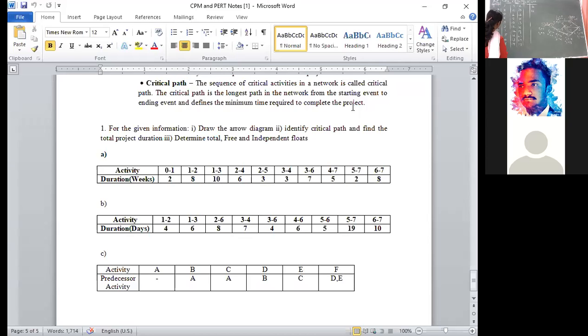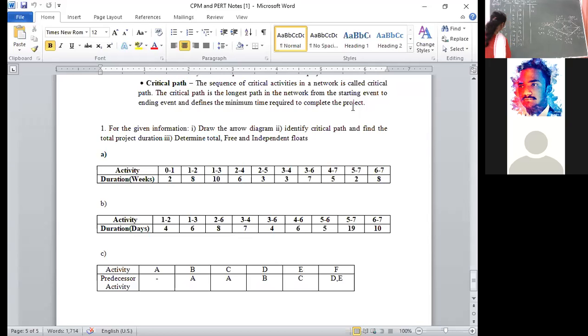Earliest finish time, EFT, one second. E4 value is 16. E5 value is 13. Okay, checking, one minute.